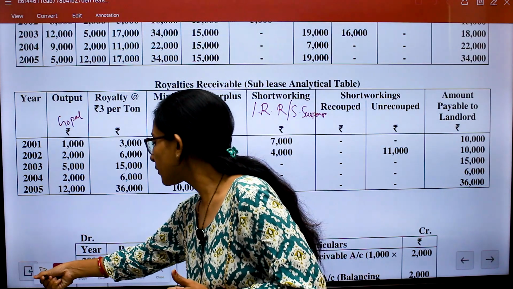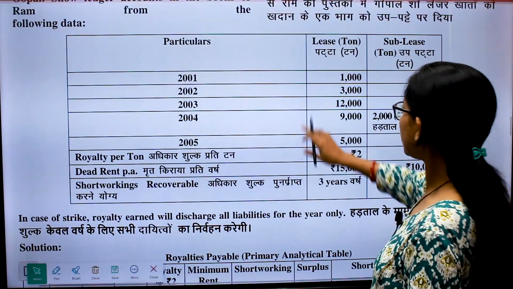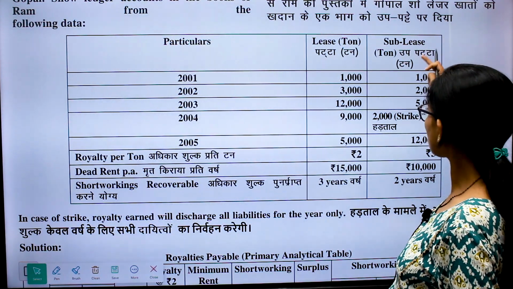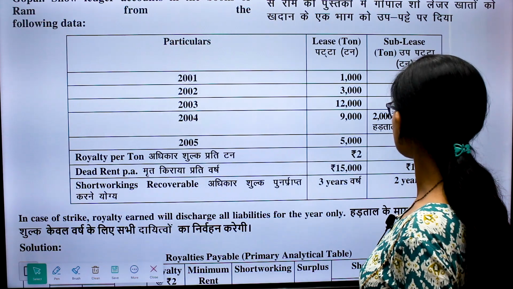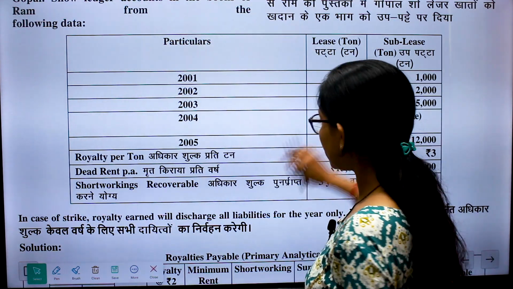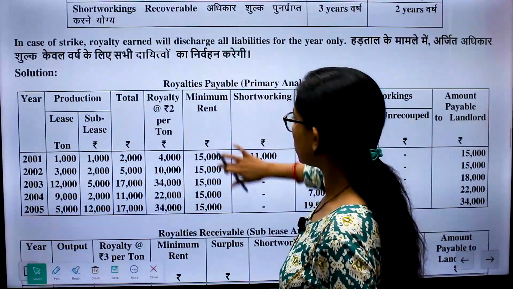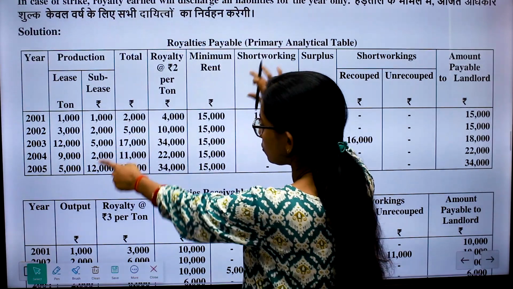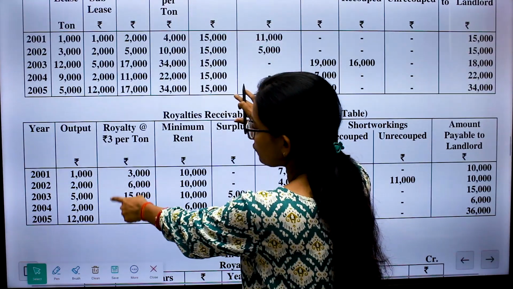Now with the help of the question, as you can see, in year 2001 the sublease tonnage, meaning Gopal's tonnage, is 1,000. Then 2,000, then 5,000, so we will write over here 1,000, 2,000, 5,000.